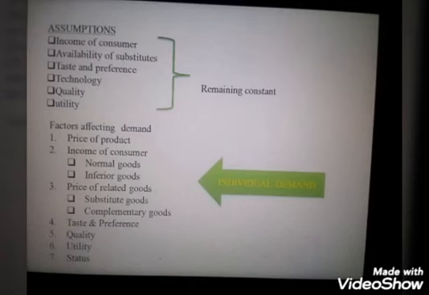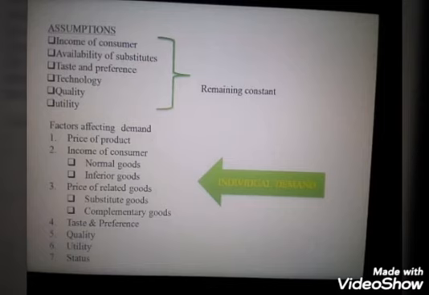Fourth point is the taste and preference of the consumer. When the consumers have more preference towards a particular product, then definitely the demand for such a product will be high, and vice versa. Next point is quality. Depending upon the quality of the product, the demand will vary.